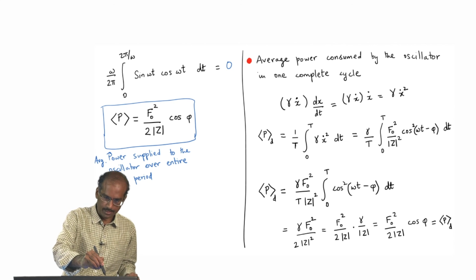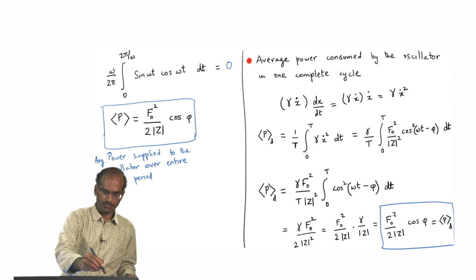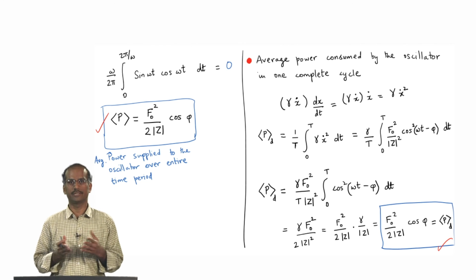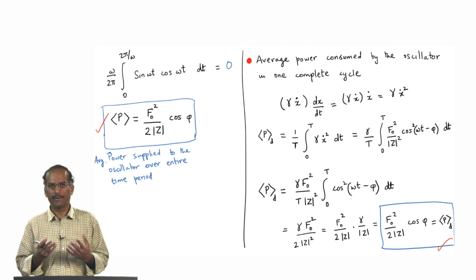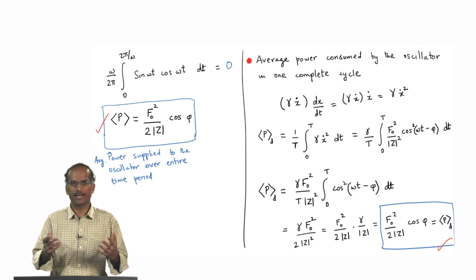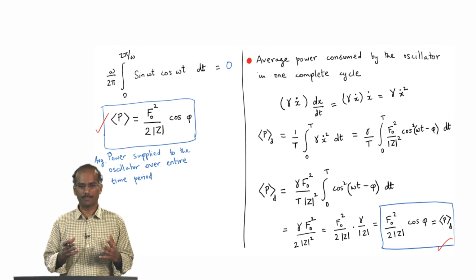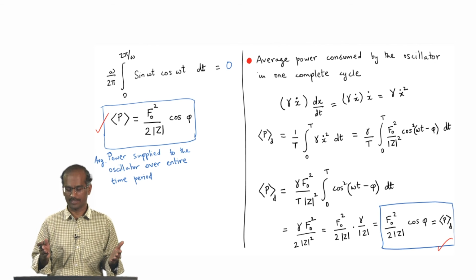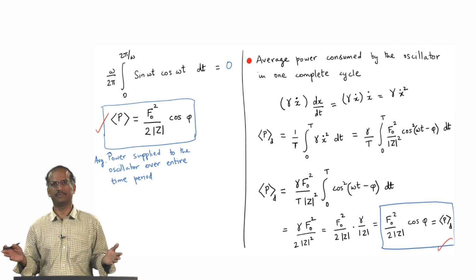Now, this is remarkable because if you compare this result with what we have here, these two results, you will see that they are exactly identical. So, you are supplying some power to the oscillator by a mechanism of the external forcing. The average power supplied to the oscillator over one complete cycle is equal to the average power that it dissipates over the same cycle.